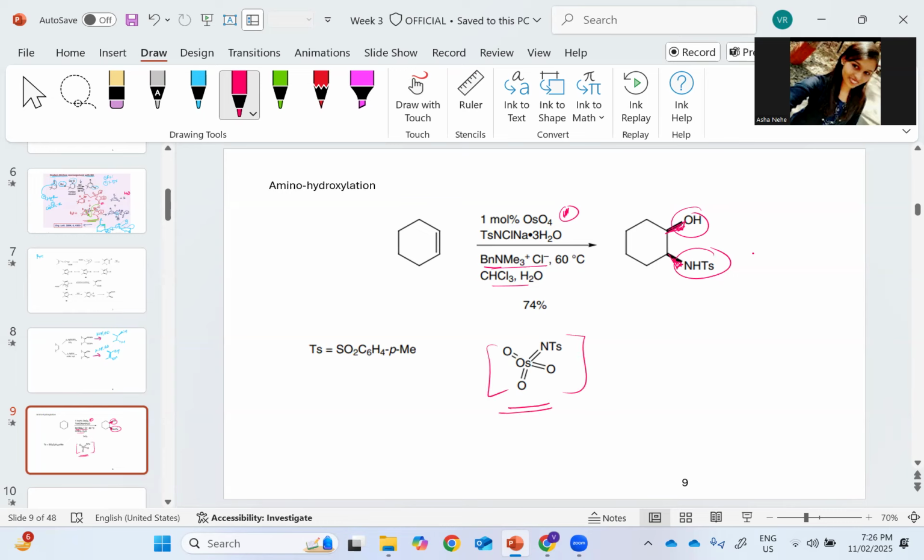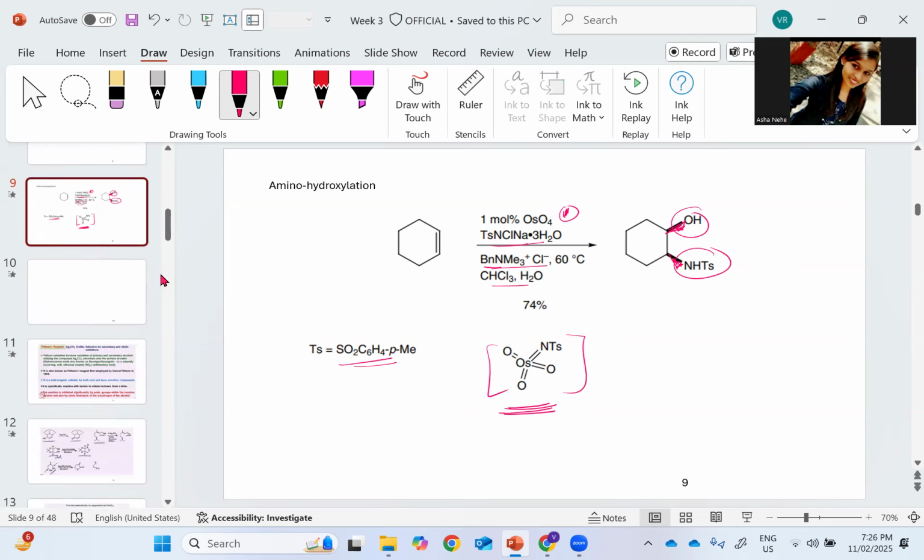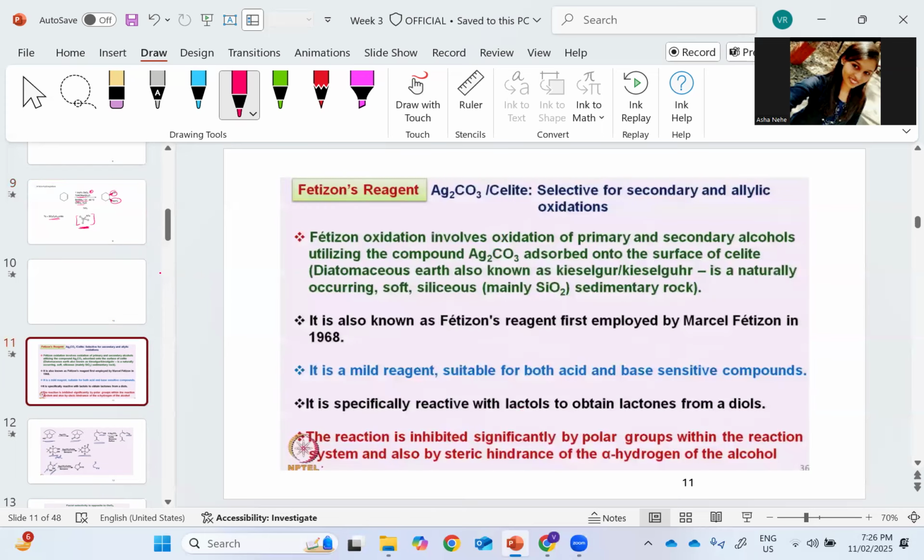Osmium tetroxide together with this reagent forms this kind of reagent in situ, and Ts stands for the tosyl group. This is another modification for conversion from alkene to a difunctionalized group: we have seen the 1,2-diol as well as here the 1,2-amino hydroxyl group.